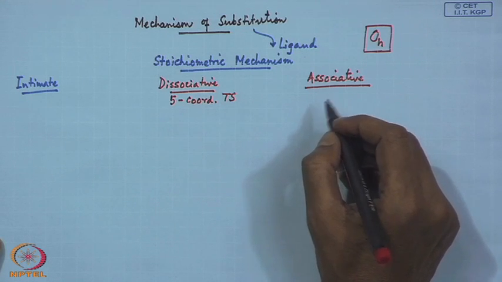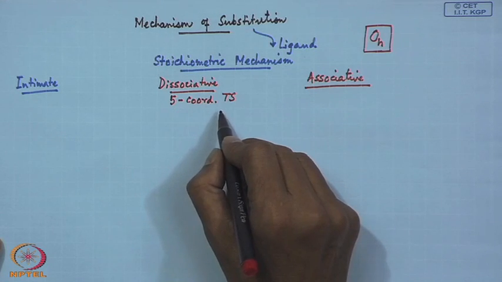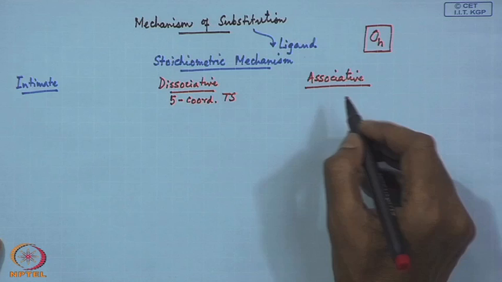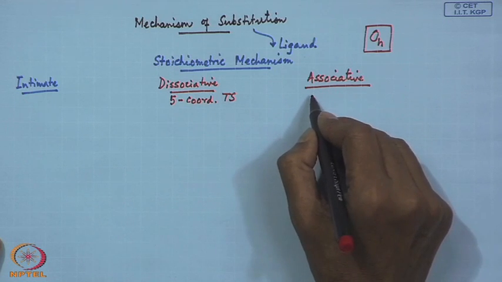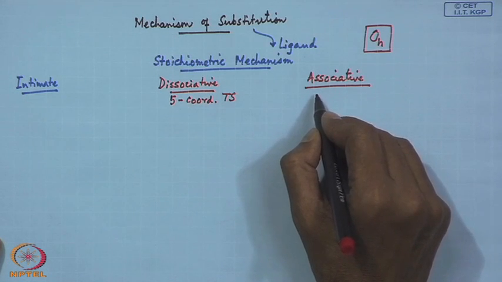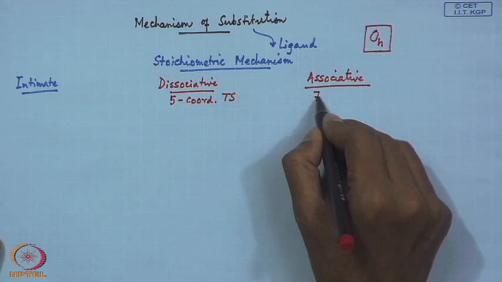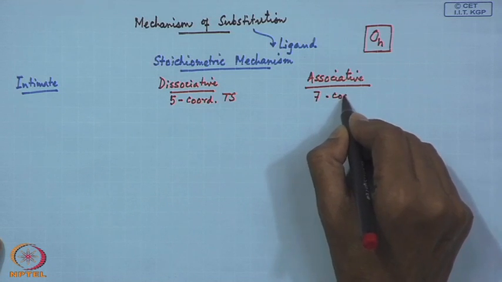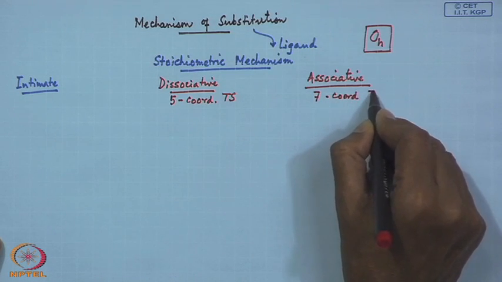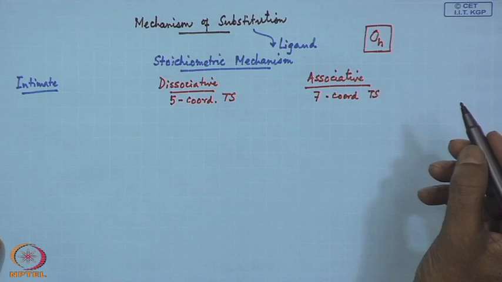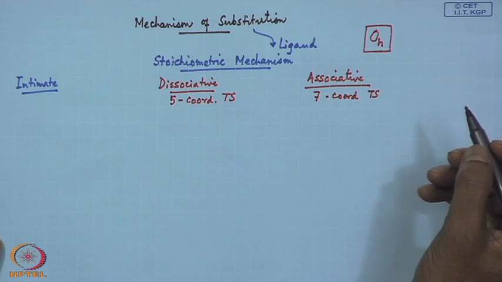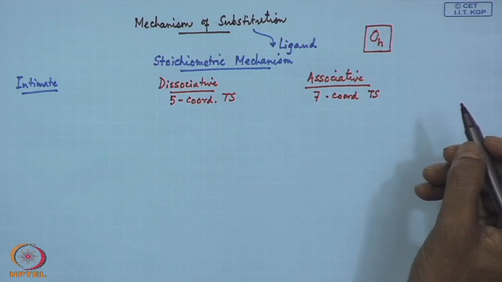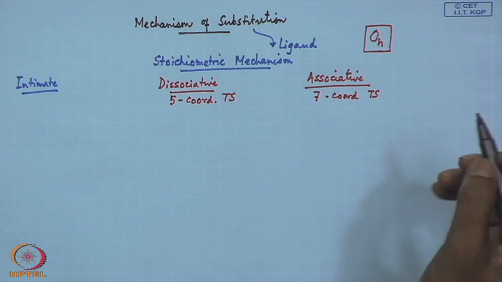So, the reactant can give rise to a 5 coordinated system. For the associative reaction, in a similar way we can have a 7 coordinated transition state for the octahedral reactants, that means some ligand is reacting with the octahedral metal center.